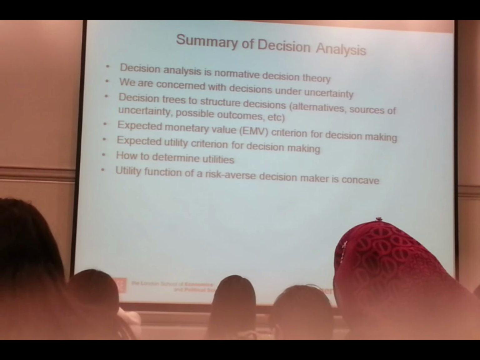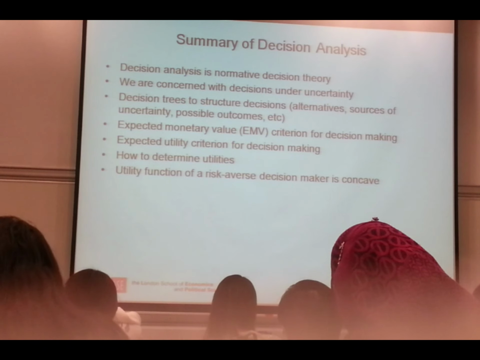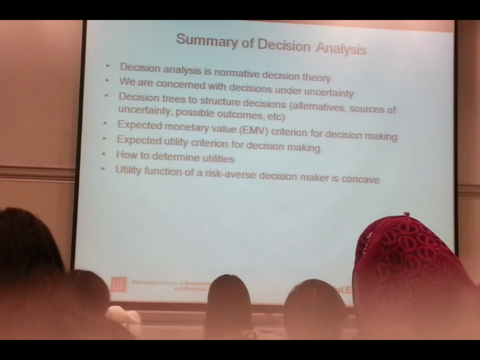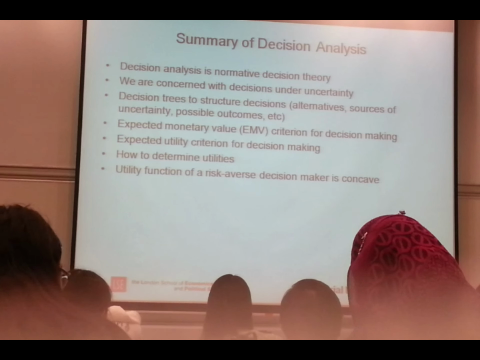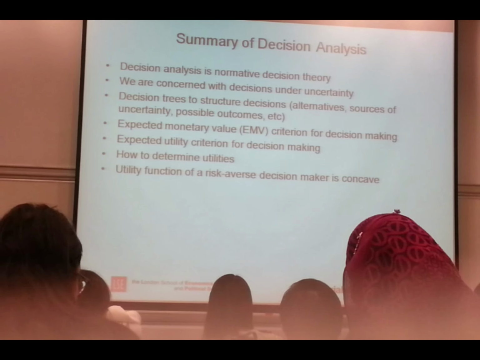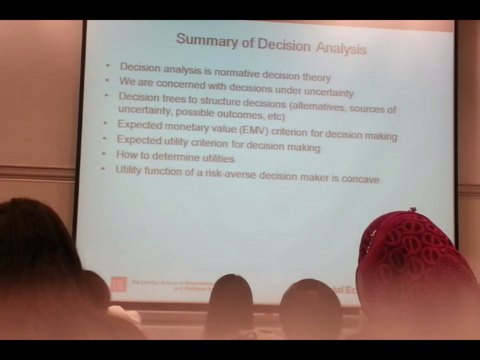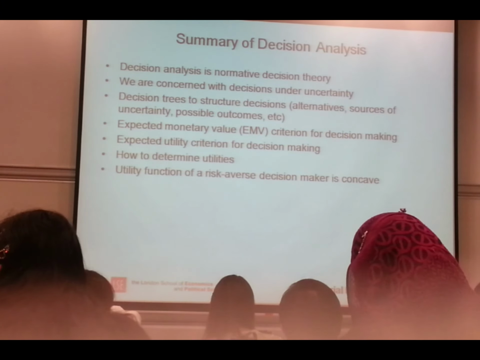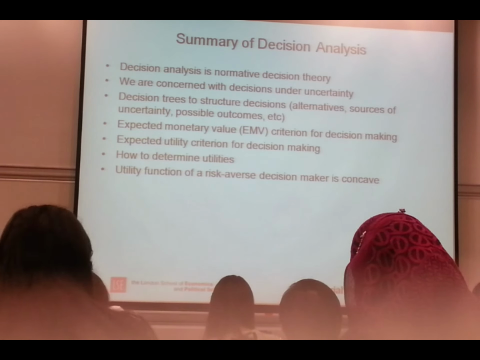The general idea is that we take the highest monetary payoff and assign a value of 100, some upper bound, and then we take the lowest value and assign a value of 0.